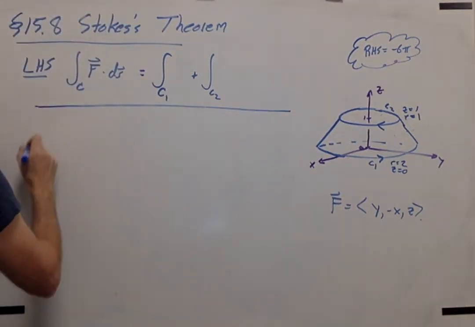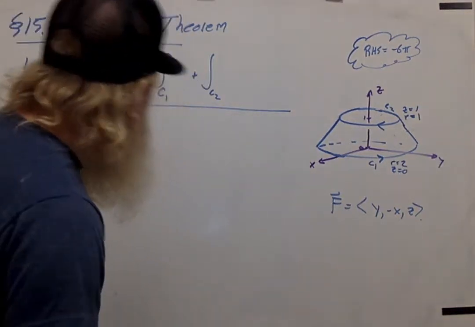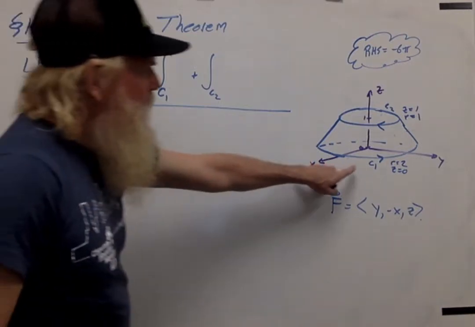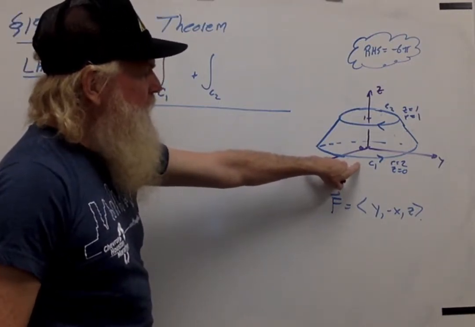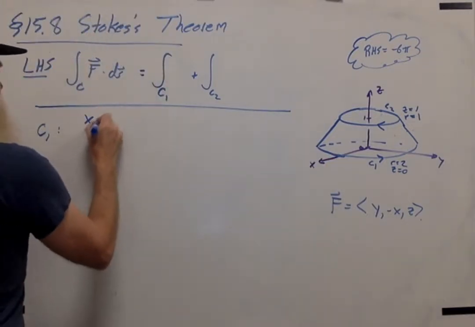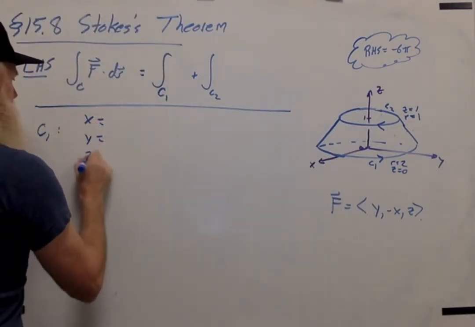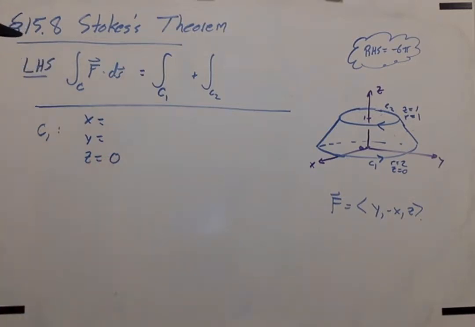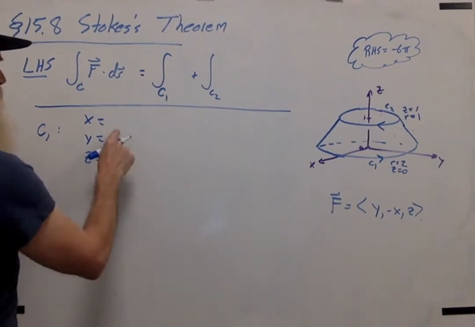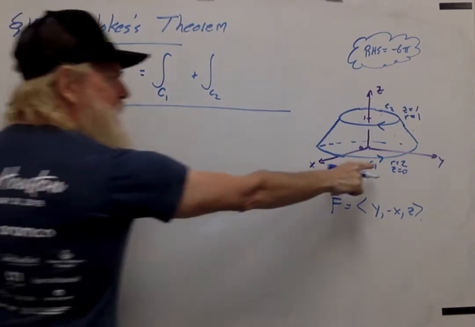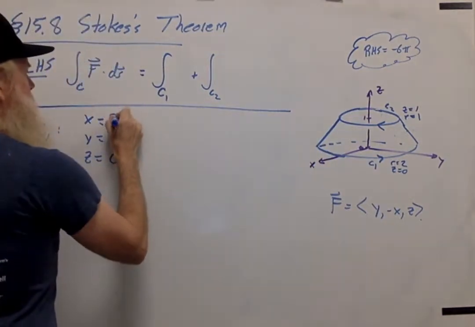Let's begin with C1. C1 is a circle in the xy plane. So when I'm parameterizing, I know that the z coordinate is 0. It's in the xy plane. And a great way of parameterizing a circle is r cosine t, r sine t. But we know that r equals 2.